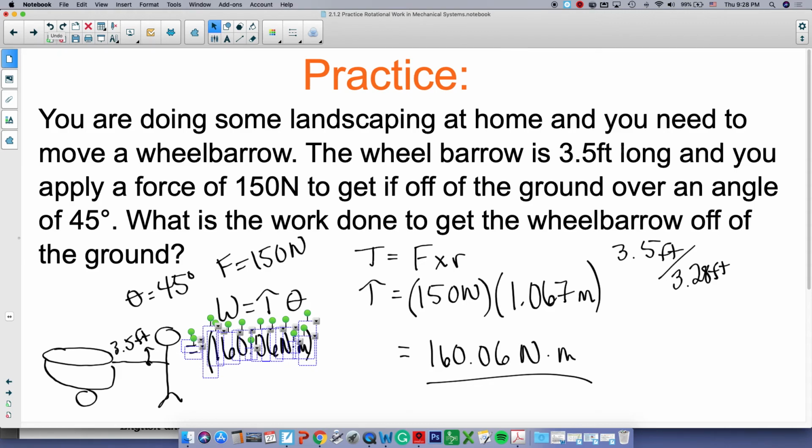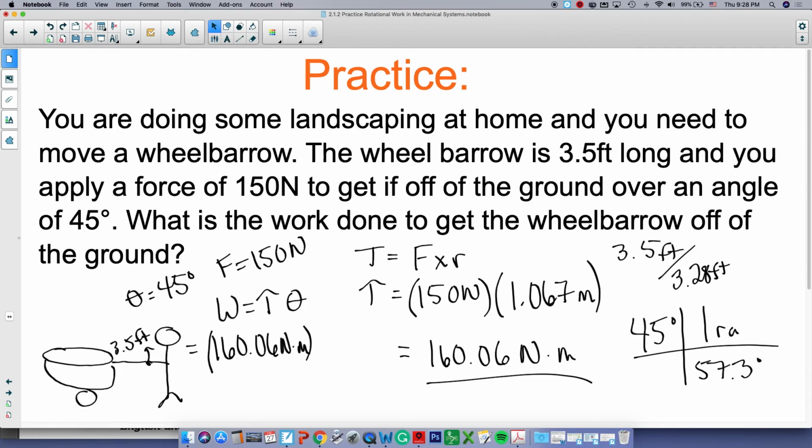So let's convert. 57.3 degrees is 1 radian, so it's just going to be 45 divided by 57.3, and you get 0.79 or 0.785. I know I said use as many decimal places as possible, but I'm keeping that answer in my calculator. So times 160.06, and we get 125.7. And that's Newton meters.